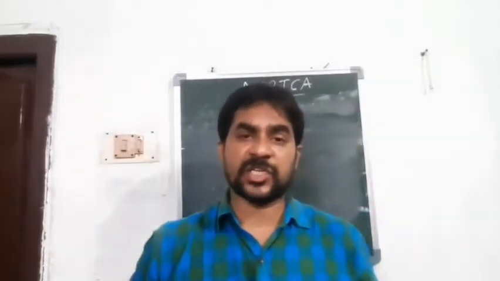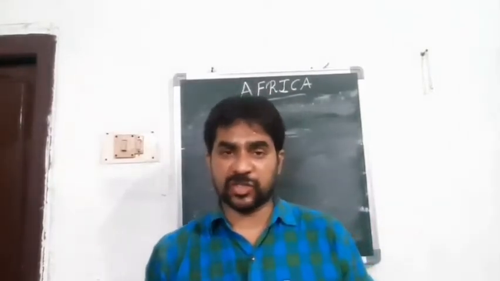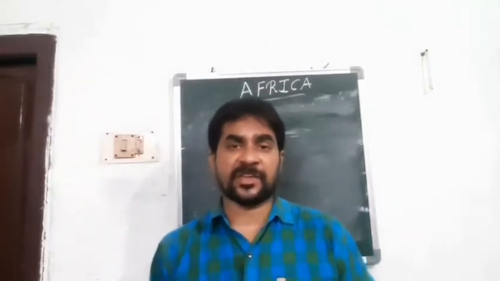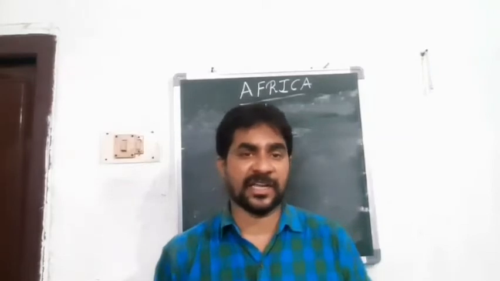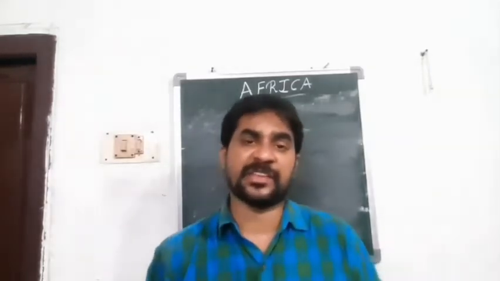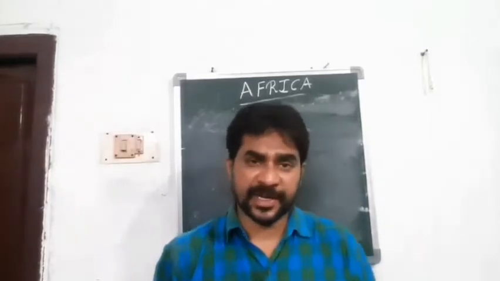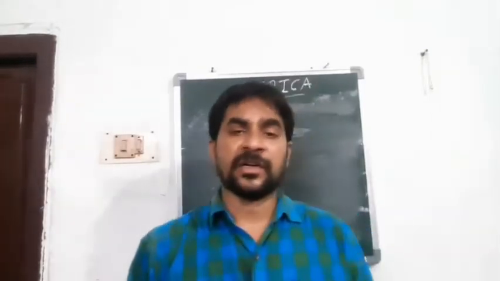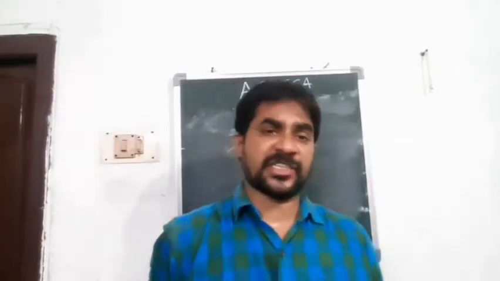Then I explained the climate, tropical areas and temperate zones. Tropical areas have very high temperatures along with high rainfall. Compared with the tropical zones, the temperate zone has moderate rainfall. Even in some parts of Africa, we cannot feel winter conditions because of the equatorial regions.